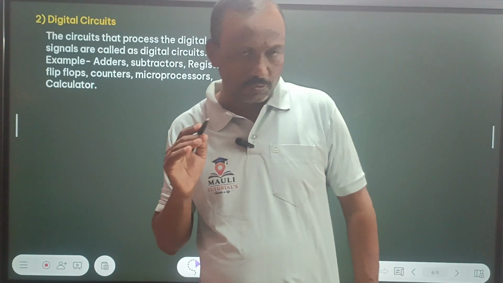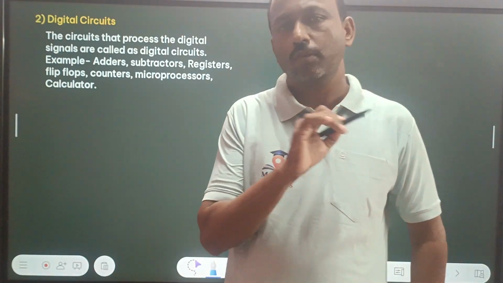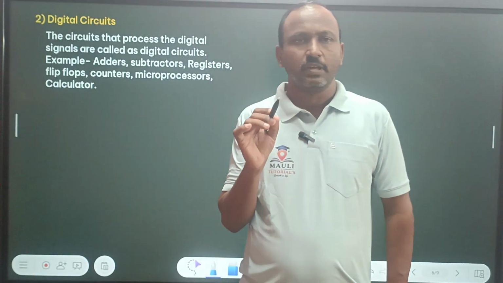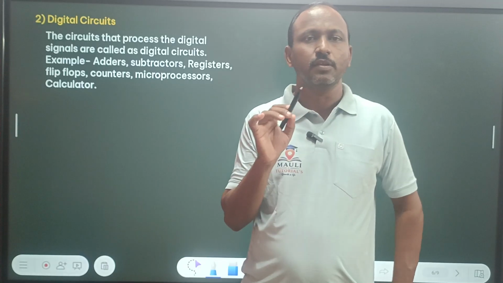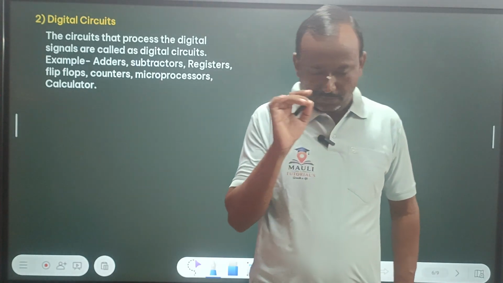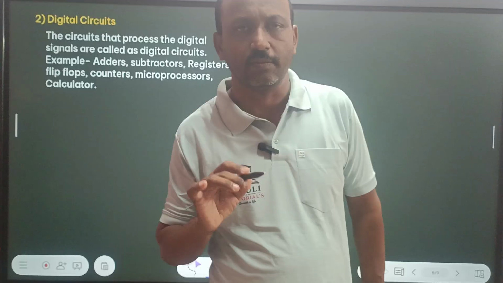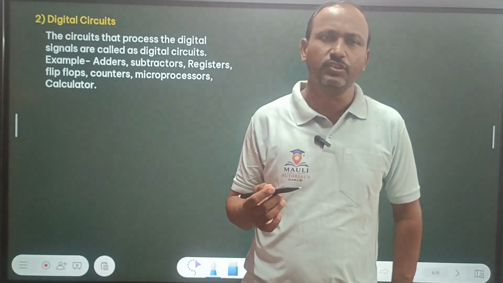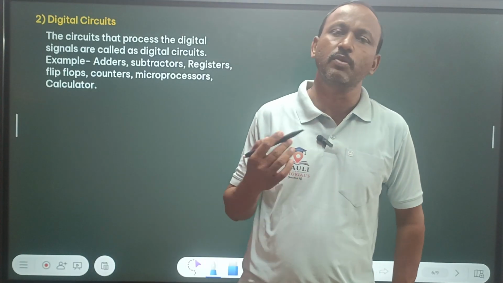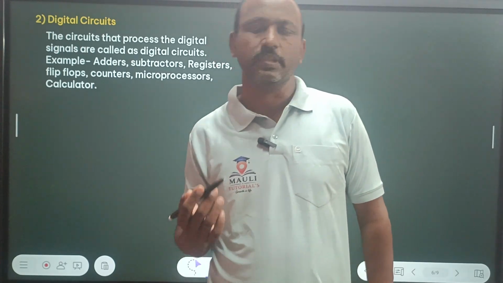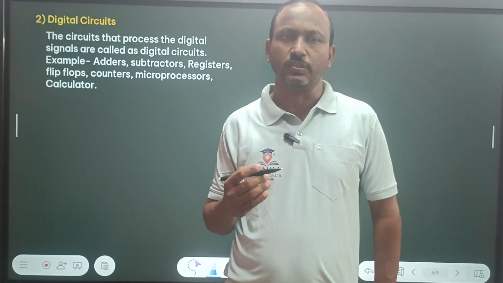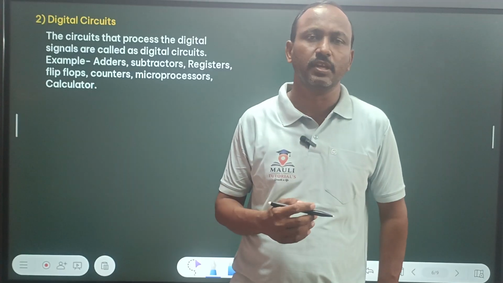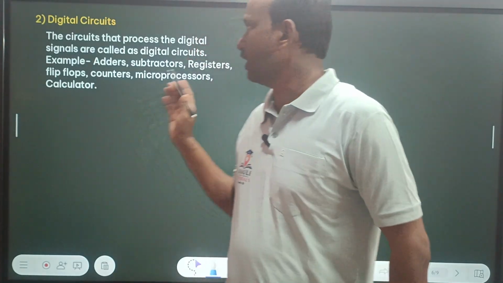Now remember, first we saw the definition of the signal. Then we discussed the types of signal, that is analog signal and digital signal. Then we discussed the system or circuit, and then the types of system or circuit, that is analog circuit and digital circuit.